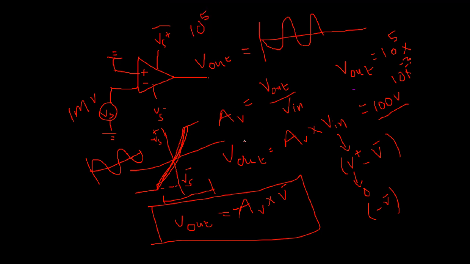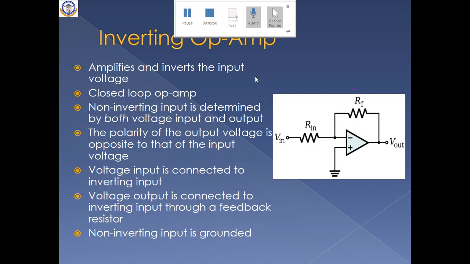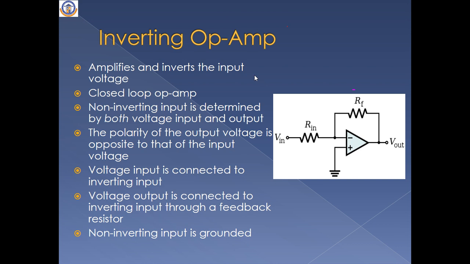Let's go for the closed loop inverting amplifier. We know the output will not be stable in open loop, so in order to control the gain of the Opamp, we are going for the closed loop operational amplifier. So this is the closed loop inverting amplifier.